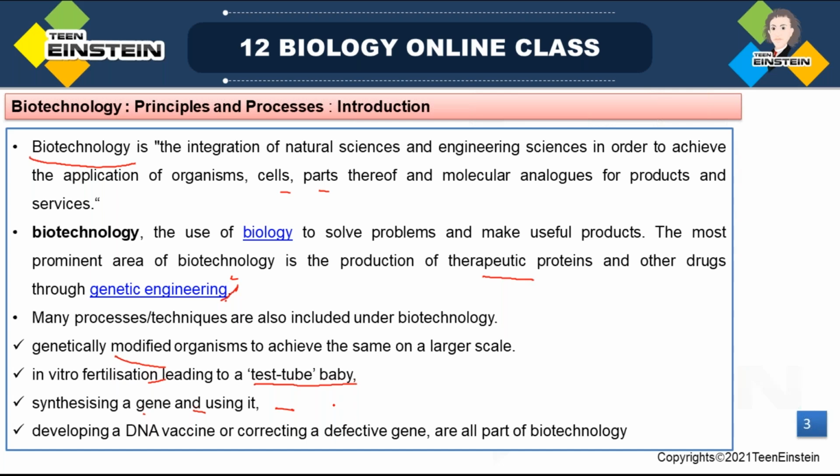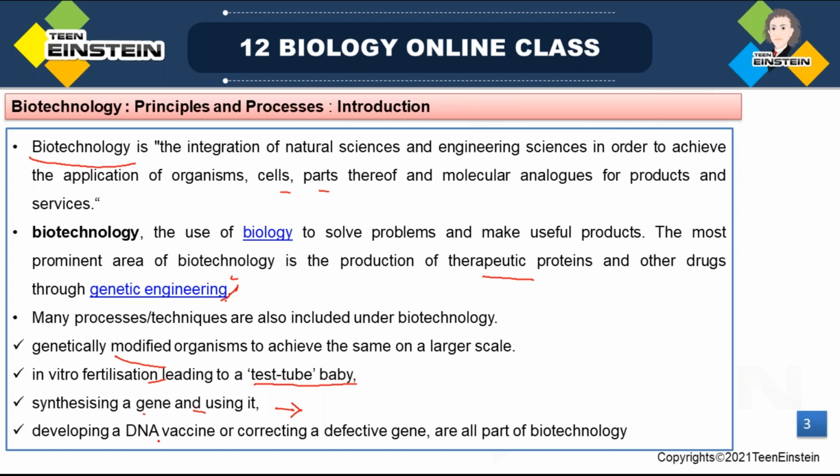So how do we synthesize a gene for a desired character, and how do we make use of that character which is controlled by that gene?